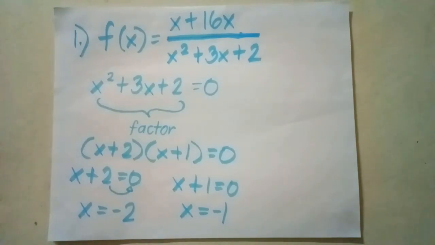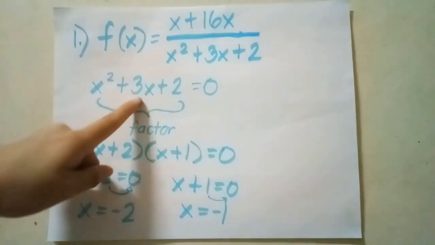We should think of numbers whose product is the constant of the expression and whose sum is the coefficient of the second term.